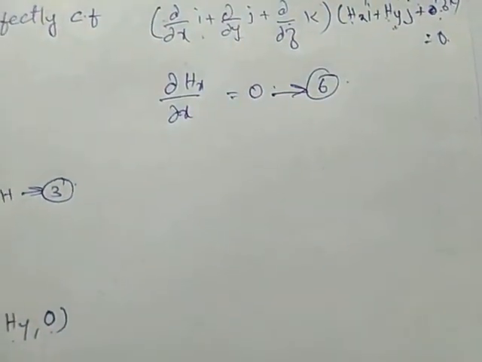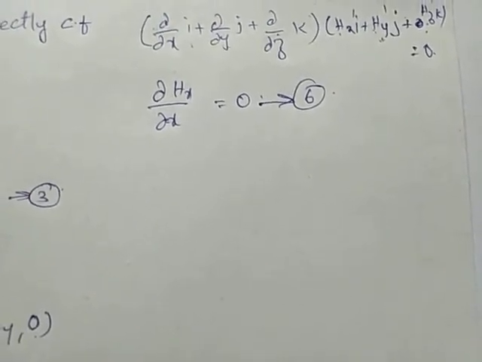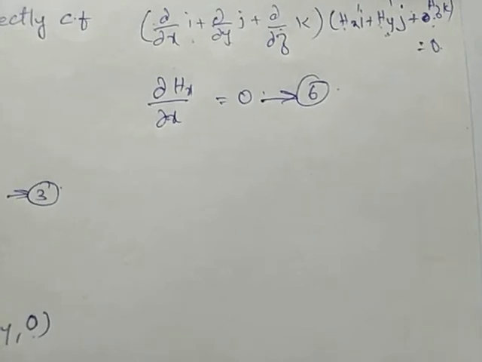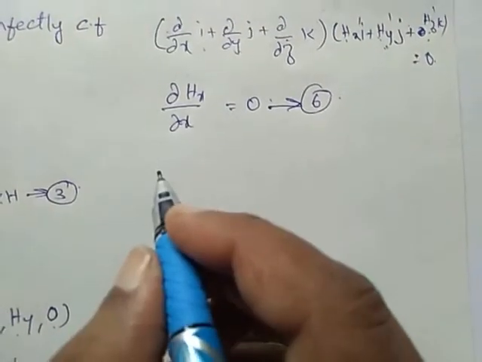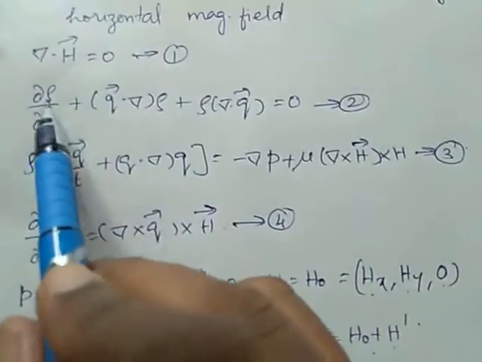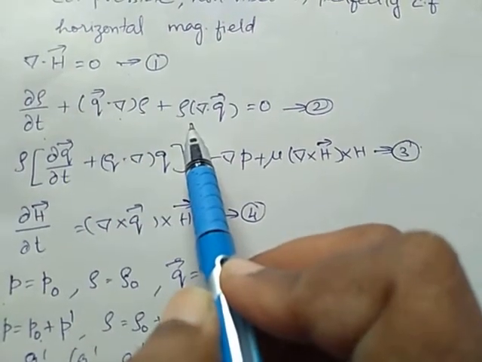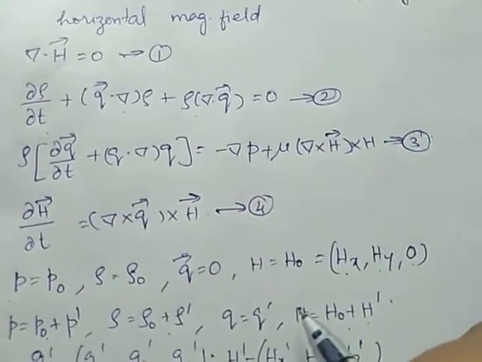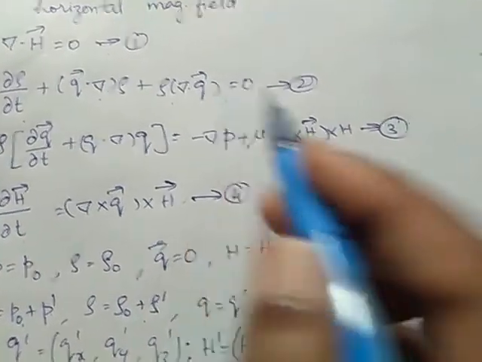So we have dou hx by dou x is equal to 0. Now we are considering our second equation, which is our continuity equation. What is our continuity equation? Dou rho by dou t plus q dot del rho plus rho into del dot q is equal to 0. We are going to substitute these perturbed state terms in equation 2.